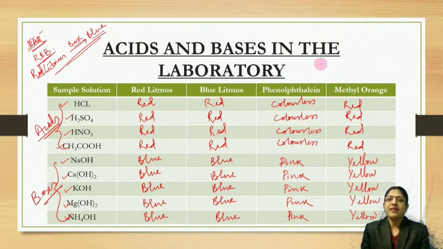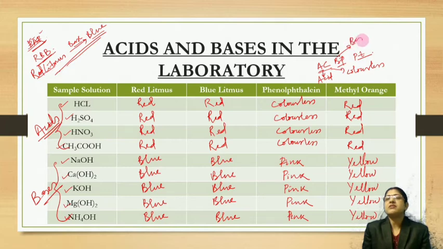For phenolphthalein I remember it like this: AC रूम में एक BP पेशेंट है, right? AC means A for acid, C for colorless, then B for base, P for pink, then PT, shortcut of patient, PT for phenolphthalein.